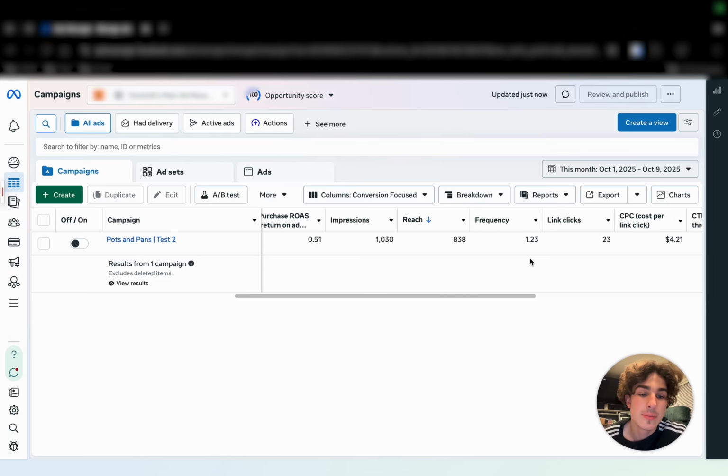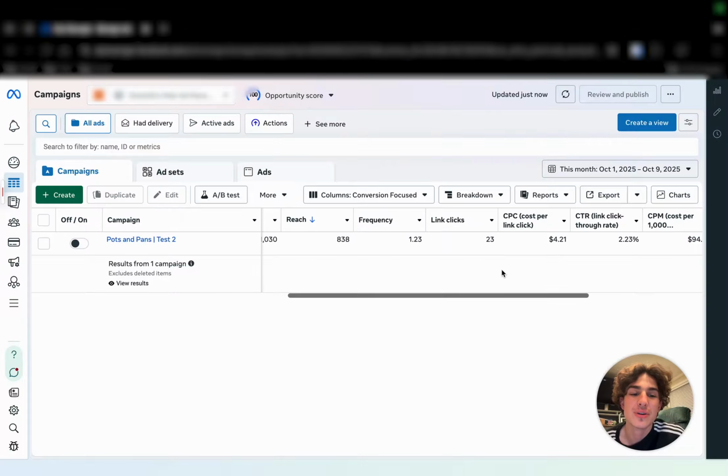So if you have, for example, anything above a 1.5 frequency, don't cut the ad, assuming your other metrics are healthy. Don't cut the ad if you think it has a bad ROAS, because it's actually retargeting your content, which is really good. So you're getting cold eyes, and then you're retargeting them, right? So you're getting kind of warm leads, warm buyers.